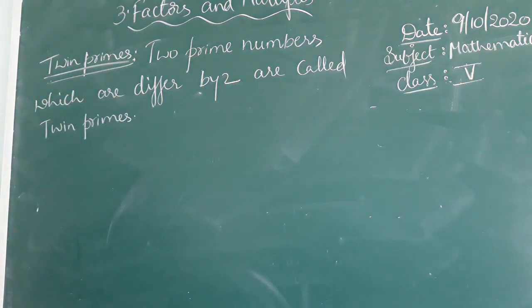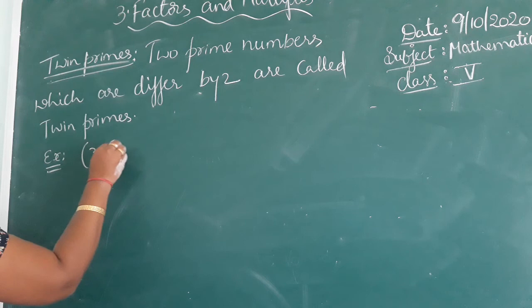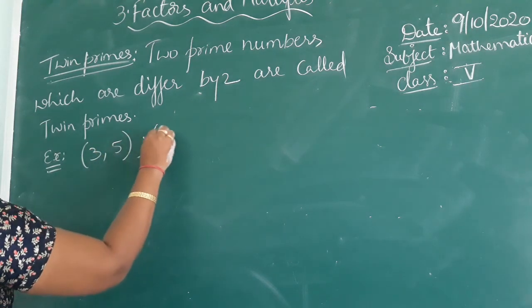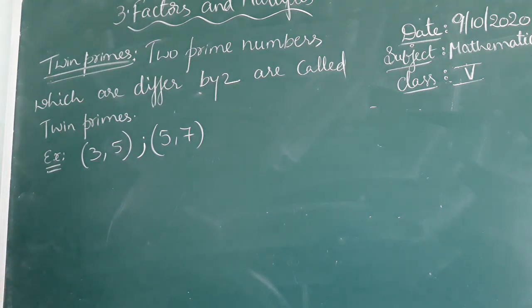What are the examples of twin primes, children? You have to choose two prime numbers whose difference should be 2. For example, 3, 5, and 5, 7. Here 3 and 5 are both prime numbers, and the difference is 2.